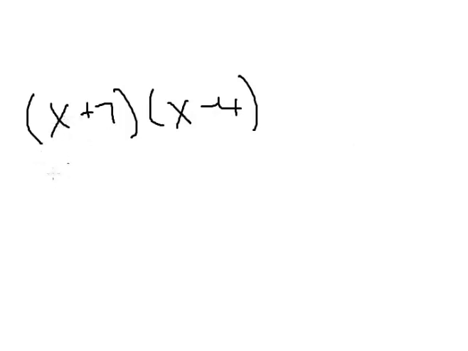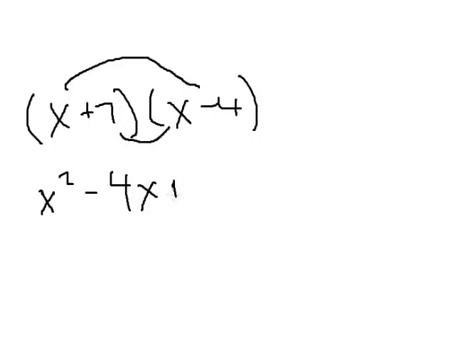So remember, we have the x times x, which was, of course, x squared. And then the outer terms, you multiplied, let's say, this term by this term, which is negative 4 times x, negative 4x. And then you have the inner terms, which is 7 times x, which is plus 7x, and negative 4 times positive 7 is negative 28. You may remember this from high school, something called FOIL: first, outer, inner, last.